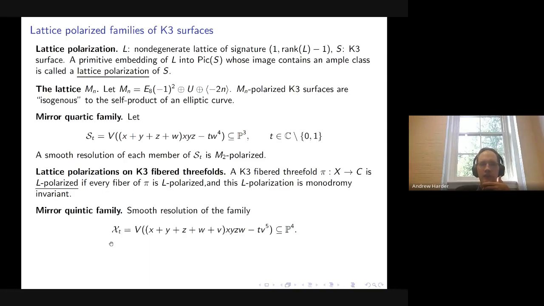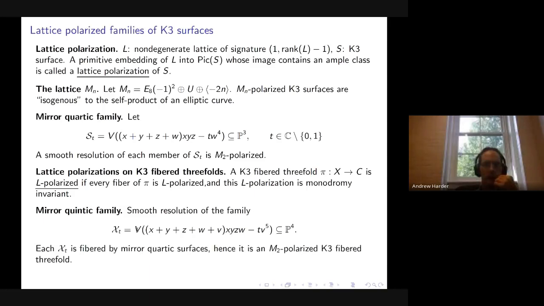This is quite analogous to the way I presented the mere quartic family. Really this is a very singular family of quintic hypersurfaces. There is a smooth resolution of this family which admits a fibration by mere quartics, but it's not necessarily true that every smooth resolution does.